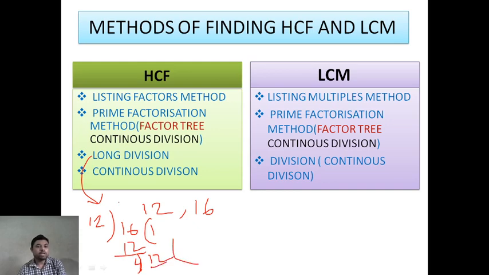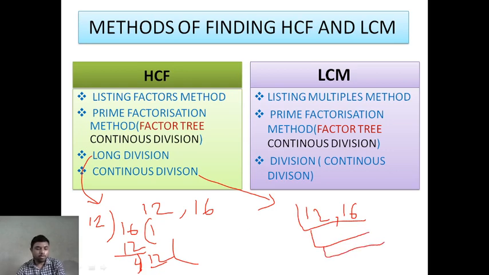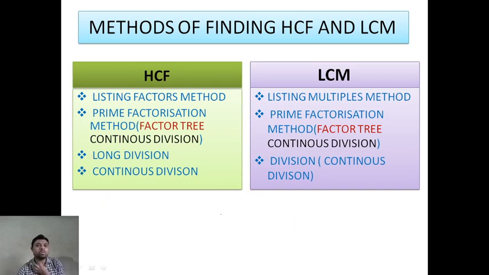So this is the long division method. And what is continuous division? The continuous division is this. Okay, this is continuous division. So don't make any misconception about long division and continuous division.